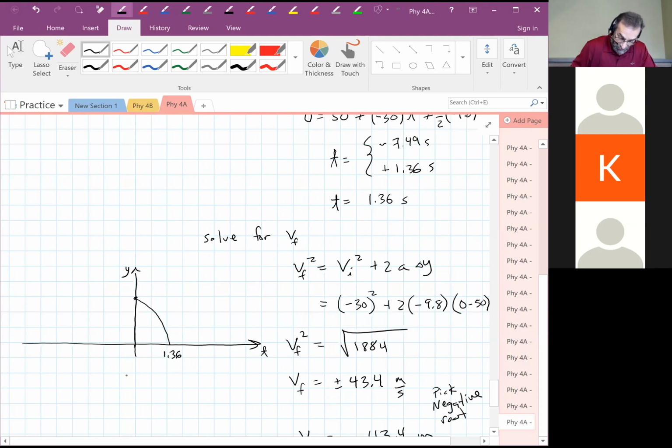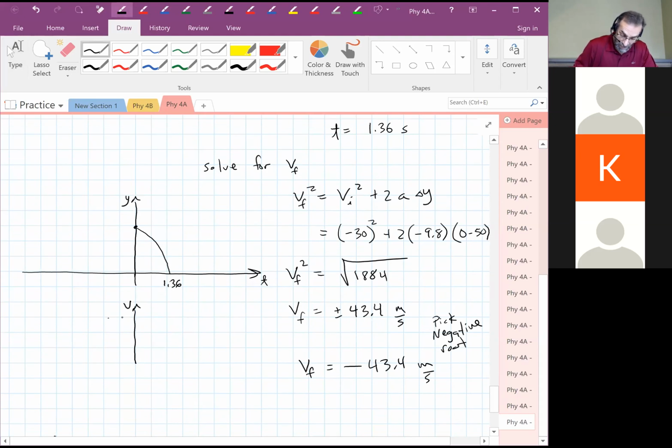And our velocity versus time, right? It starts off with some negative velocity, and at 1.36 seconds it's going to be down here somewhere. Something like that, right?